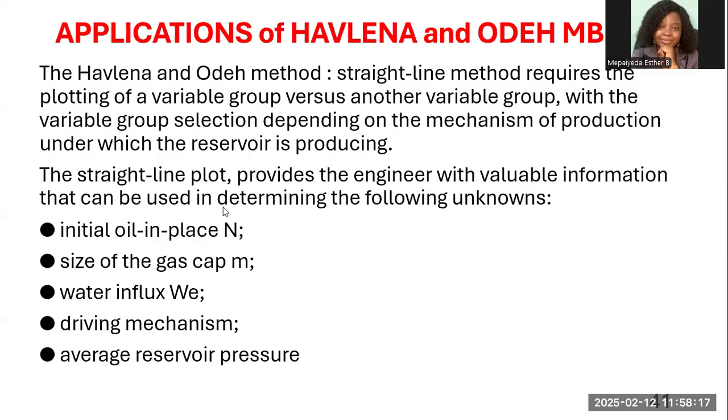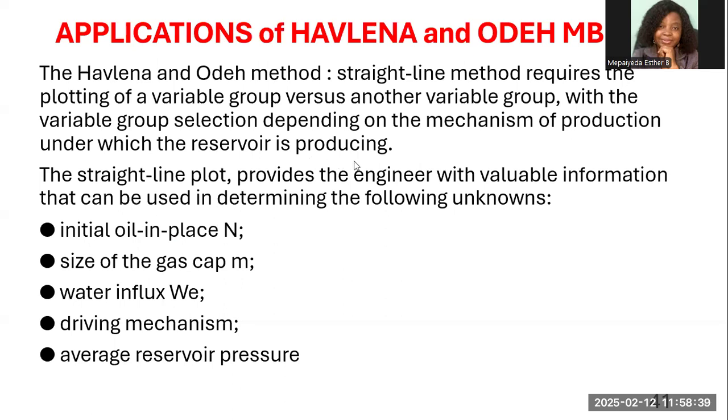Okay, so let's look at the applications of Havlena and Odeh. The Havlena and Odeh method is a straight line method. It requires plotting one variable group versus another, with the variable group selection depending on the mechanism of production under which the reservoir is producing.